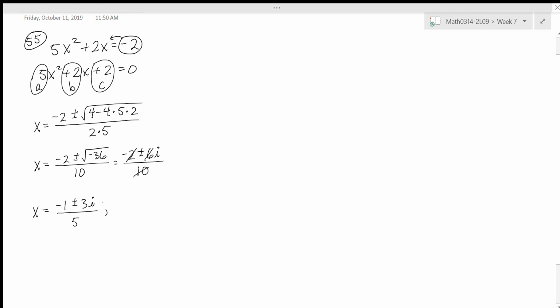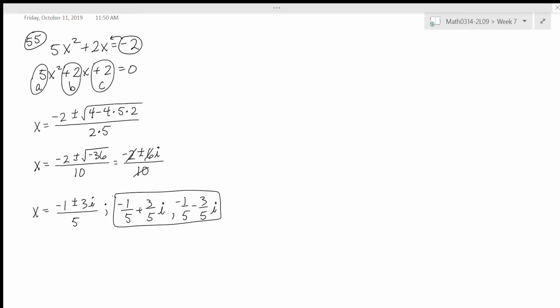And if you write it the way that my math lab is going to want it, it's going to be negative 1/5 plus 3/5 I and negative 1/5 minus 3/5 I. Both of them are negative 1/5 though.